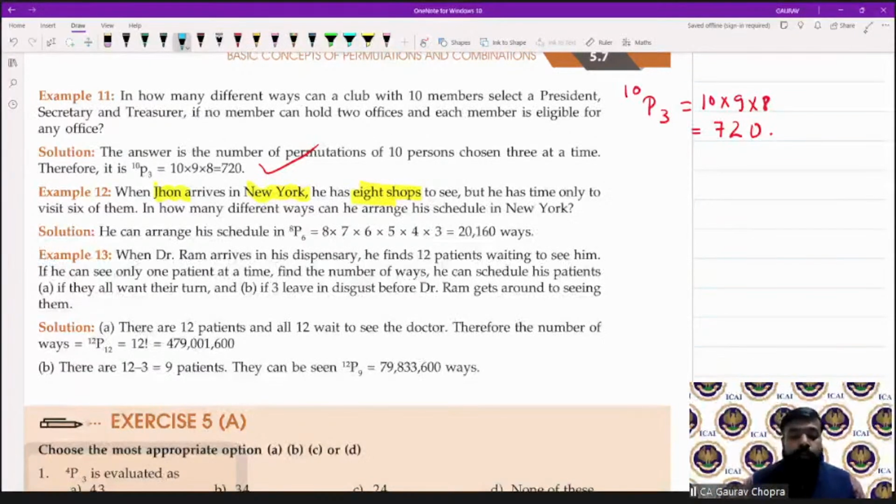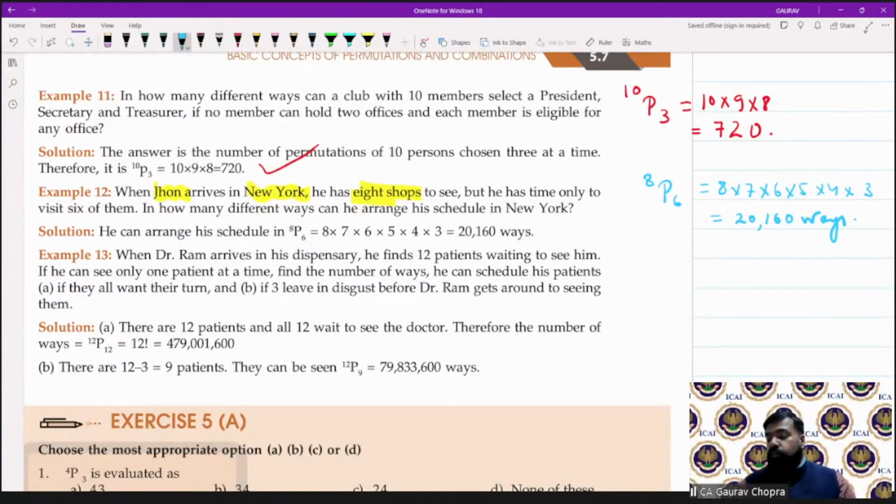In how many different ways can he schedule in New York? Out of 8, he can visit 6. So 8P6. 8, 7, 6, 5, 4, 3. Therefore, the result will be 20,160 ways.